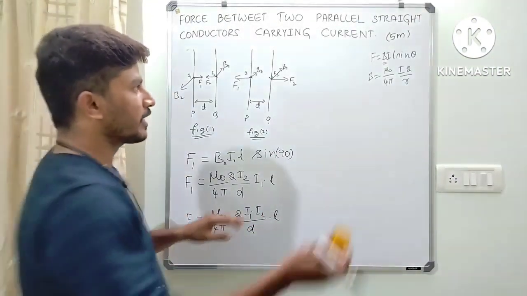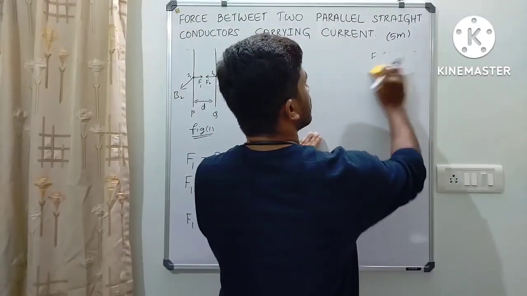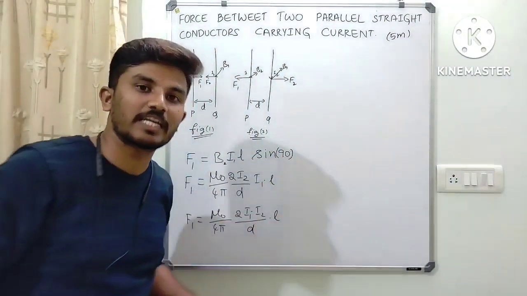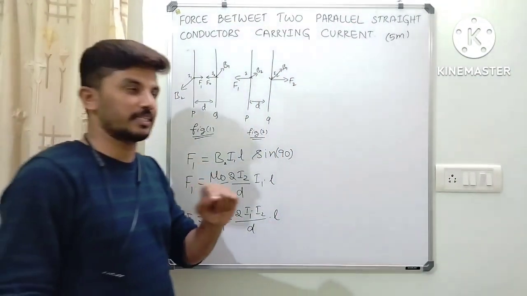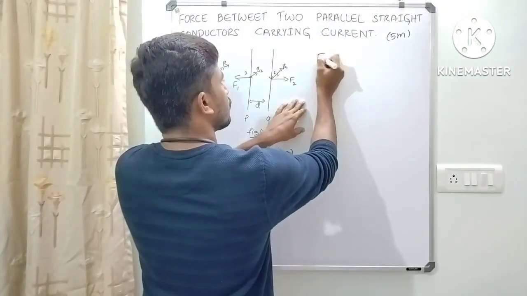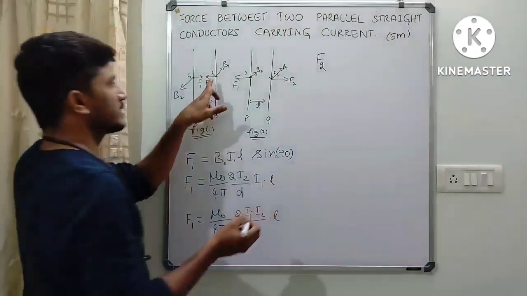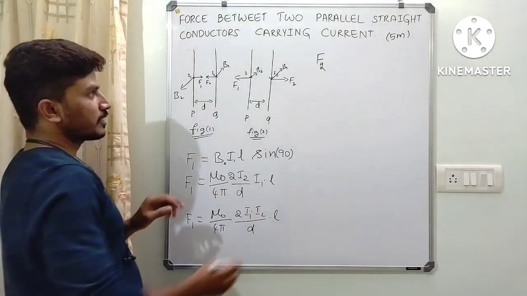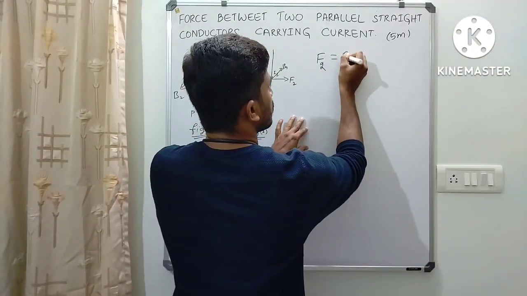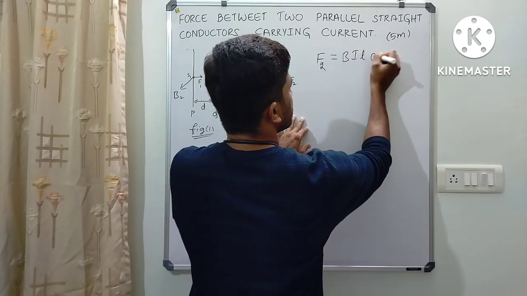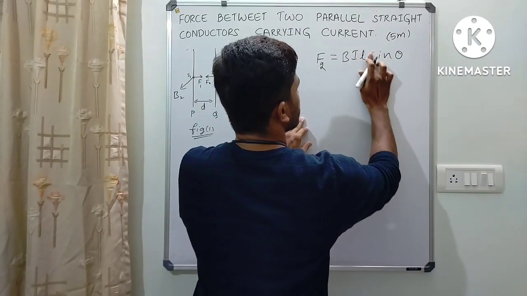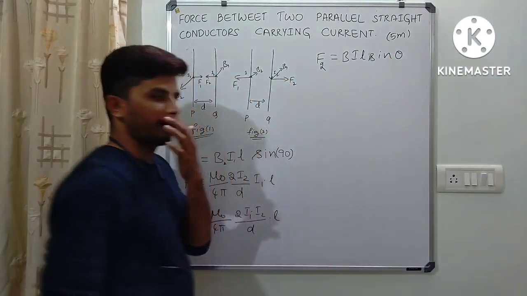Similarly, let me calculate the force acting on the second conductor due to the magnetic field produced by the first conductor, that is F2. Force on second conductor, here we have from first conductor. So that is also BIL sin theta.